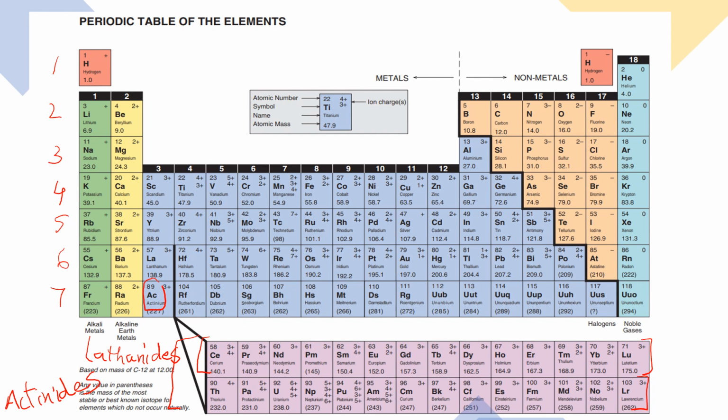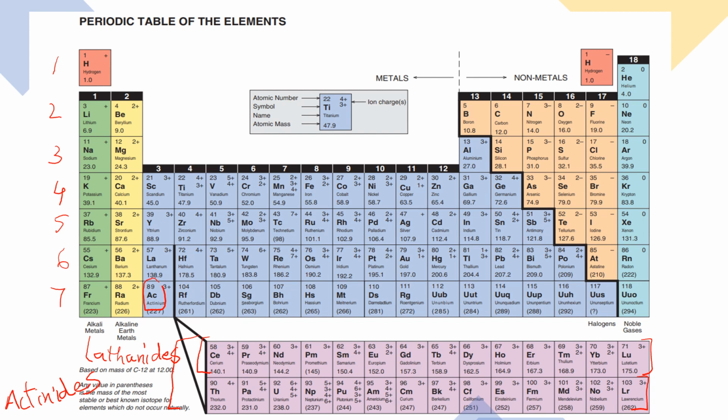Another very important thing you might have noticed is that there are elements in vertical columns. This is the first vertical column, second, third, fourth, fifth, sixth, likewise. These standing columns are called groups. In total, there are 18 groups.